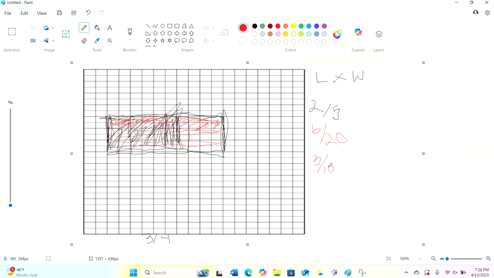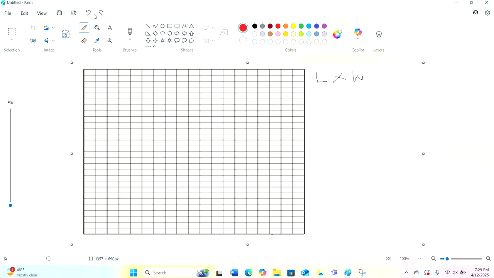So let's try this with a standard algorithm. Let me just clear this off. Okay. So again, it's going to be length times width. You know what? I'm going to switch to a different color so we can actually see this. Okay.